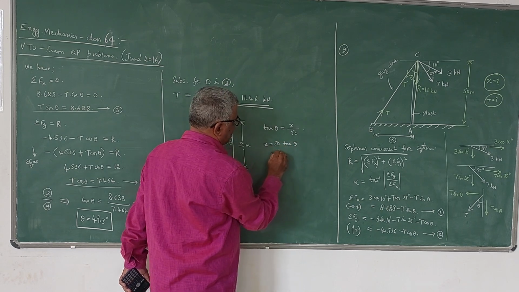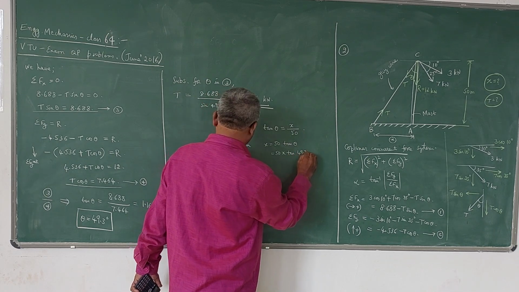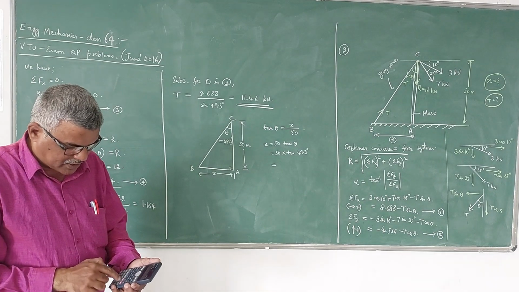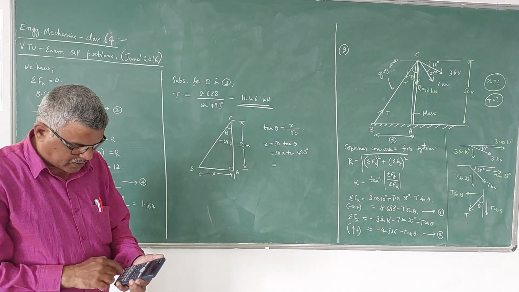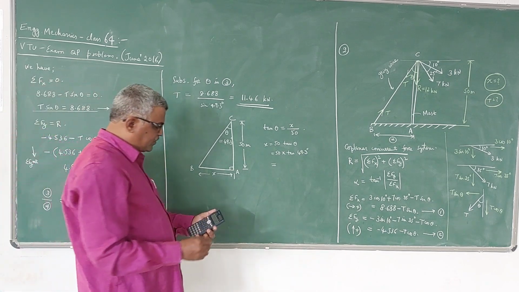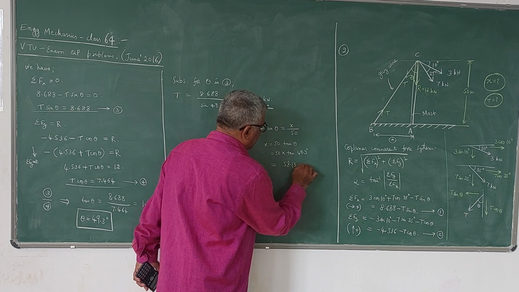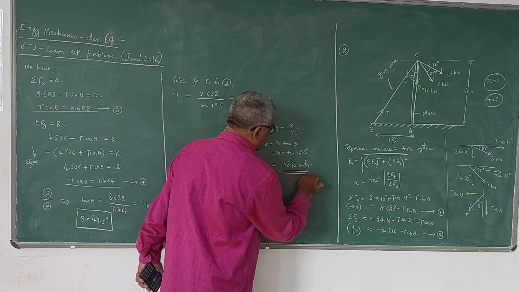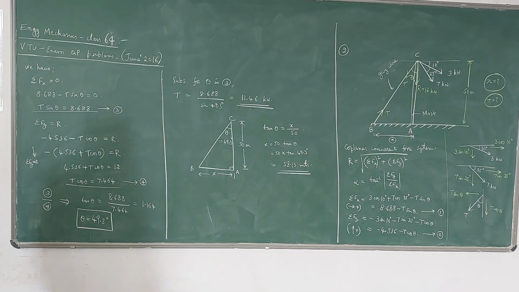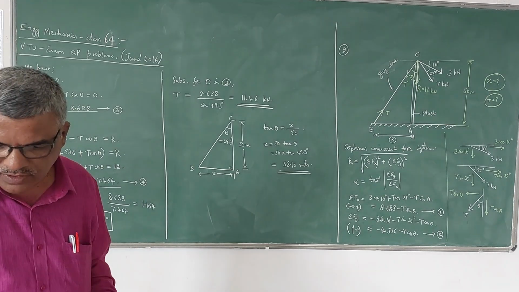That is 50 into tan of 49.3 degrees, which is equal to 58.13 meters. So the distance AB, the x distance, is 58.13 meters.